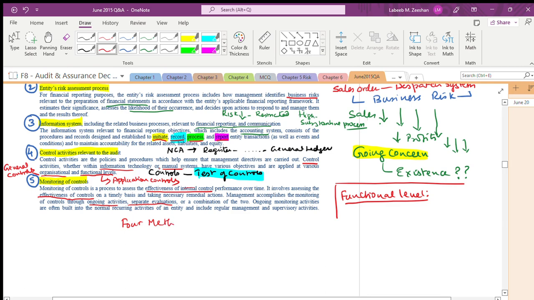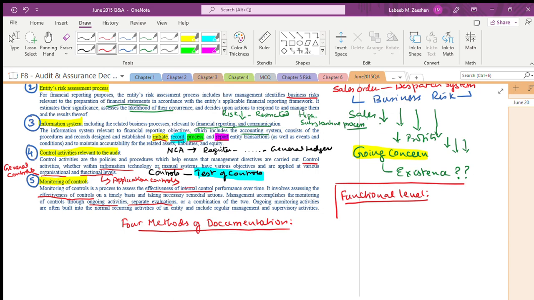Now, what are the four methods of documentation of controls? Please tell me fast.